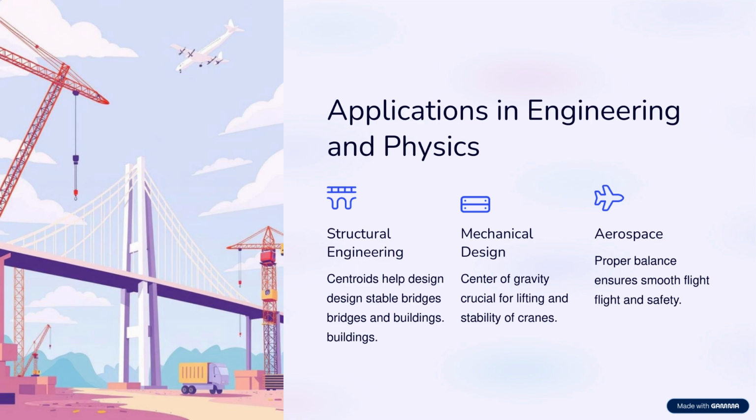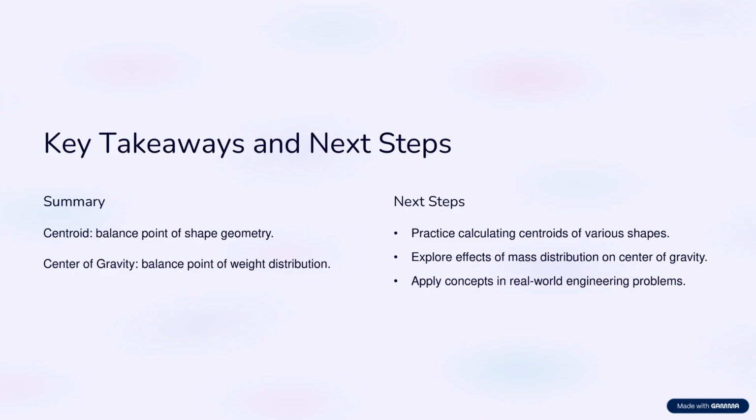Okay, so now let's move forward to our last point: key takeaway and next step. First we will see the summary. Centroid, balance point of shape geometry. Center of gravity, balance point of weight distribution.